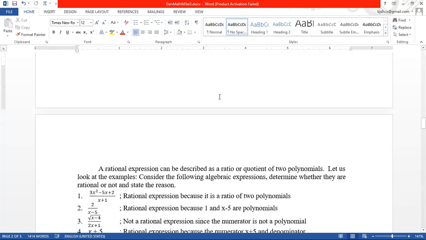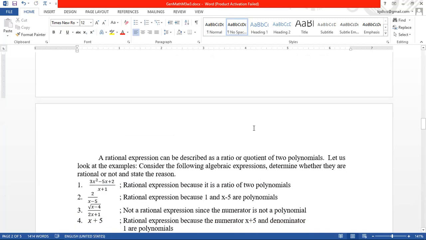Okay, a rational expression can be described as a ratio or quotient of two polynomials. So let us look at the examples. Consider the following algebraic expressions. Determine whether they are rational or not, and state the reason. First, 3x squared minus 5x plus 2 over x plus 1.